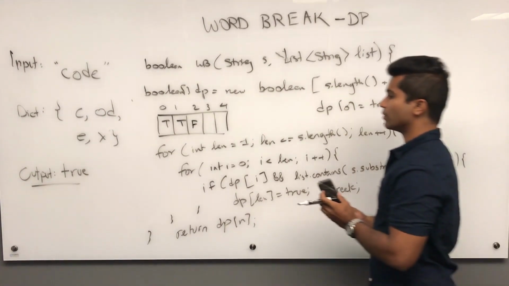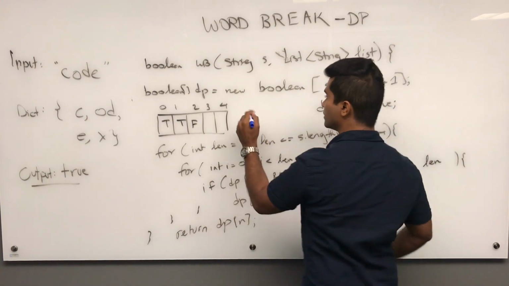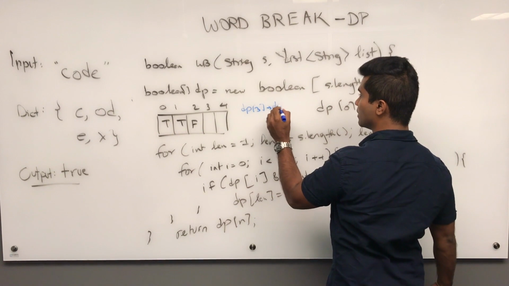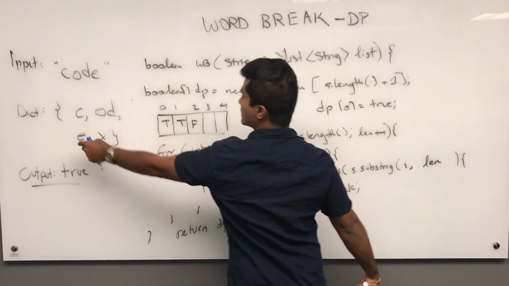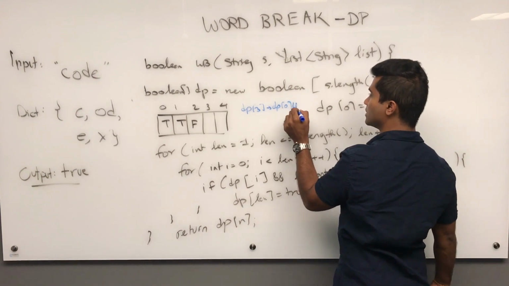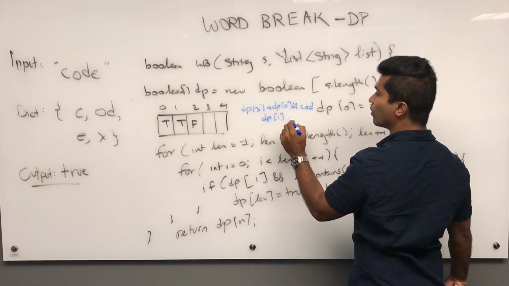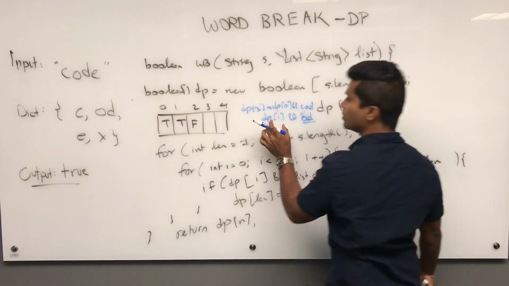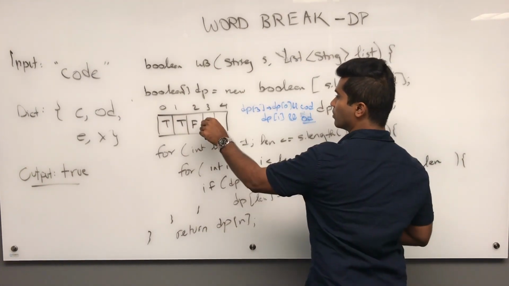When we get to dp of 3, we check dp of 0, and we see if COD is in here. It's not. And COD, that's false. And then we check dp of 1, and we look for OD. OD is in here, right? OD can be found from here, and dp of 1, which is this, is true. So we update this to be true, and then we break.